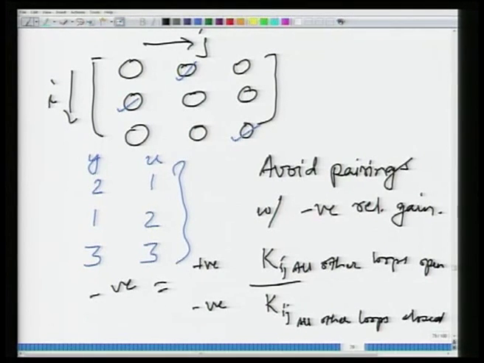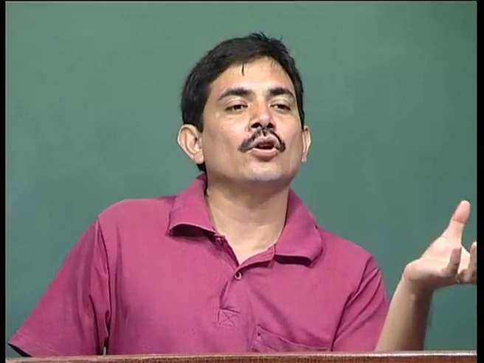So, that is what would cause the relative gain to be negative, and what this means is that the process gain sign changes depending on whether the other loops are on or not. Okay. So, a direct acting controller must become a reverse acting controller, and a reverse acting controller must become a direct acting controller depending on the status of the other loops.